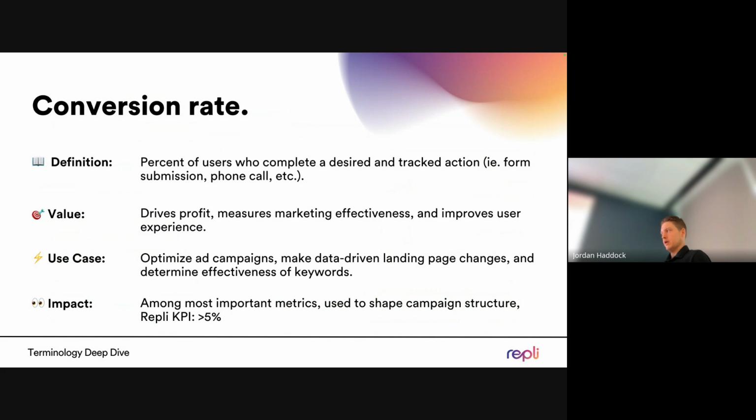Keywords that are converting at a lower rate, we'd like to pause those or redirect the budget elsewhere where we're seeing a bit more of an impact. It's definitely among the most important metrics and what we use to optimize Google campaigns in general. It shapes campaign structure. The KPI we have set is 5%. That's above the multifamily industry average, and it's also well above the Google advertising average as well in general.